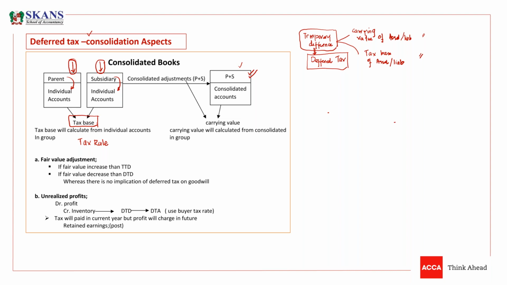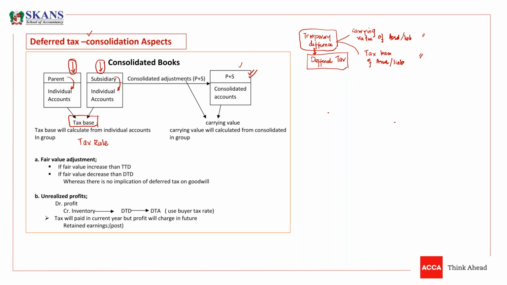Because tax base is a value of asset or liability under tax rules, and the tax rules are applicable on individual books. They are not applicable to consolidated books. So we will calculate tax base from individual books. So the first important point that I want everyone to remember is that tax base will be from the individual books.